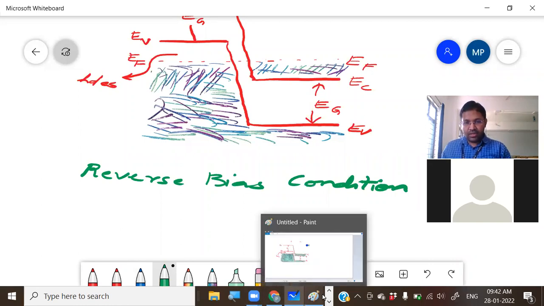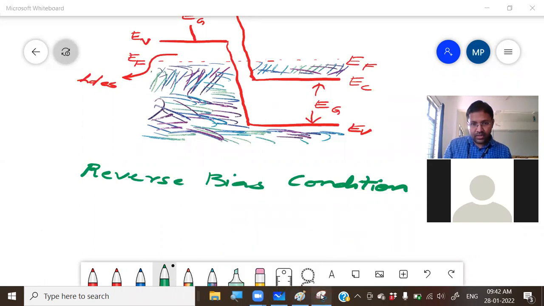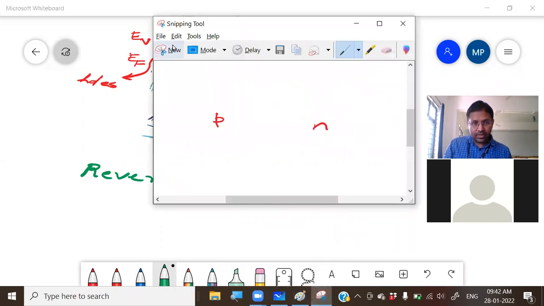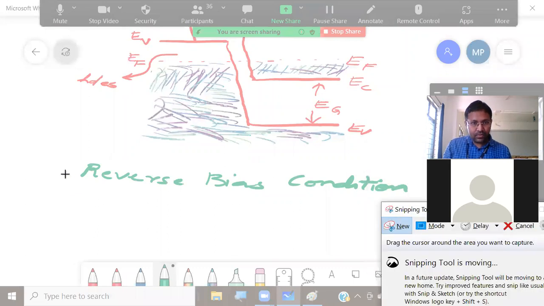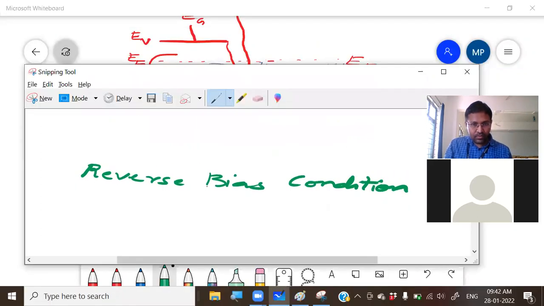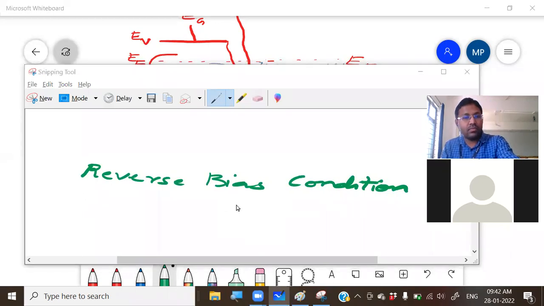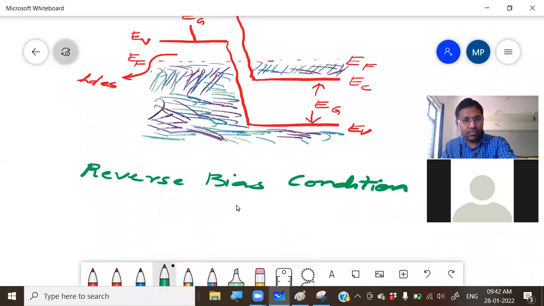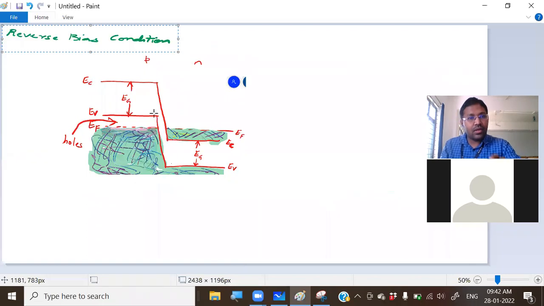Now we are going for the case of the reverse bias condition. Let me put the heading reverse bias condition.